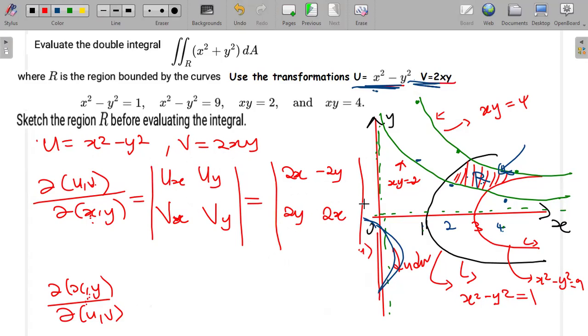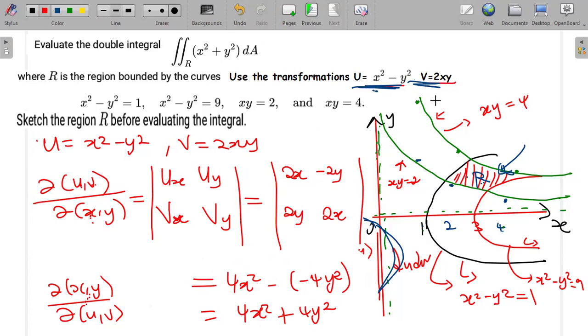So let's multiply and see what we are going to come up with. This is going to be equal to this multiplied by this. I get 4x squared minus 4 times minus y squared, so this simply means 4x squared plus 4y squared.